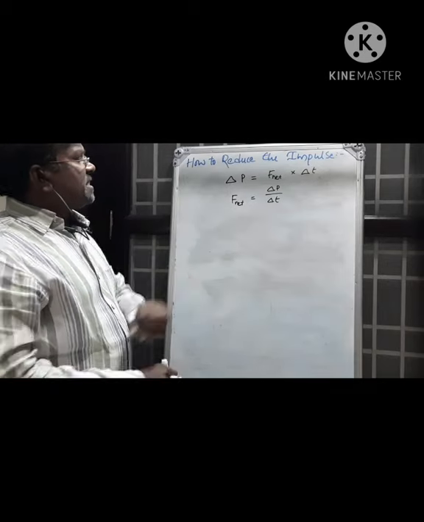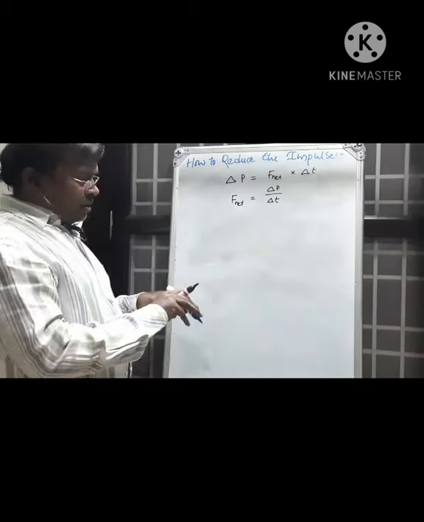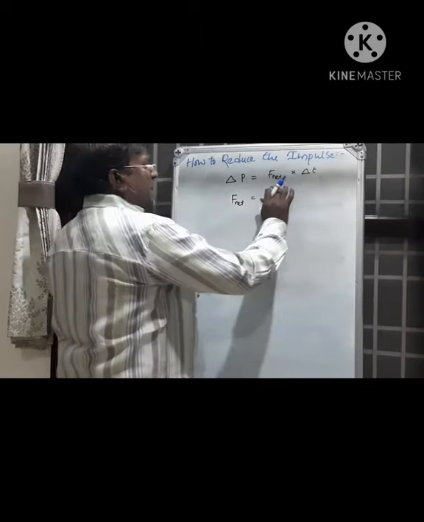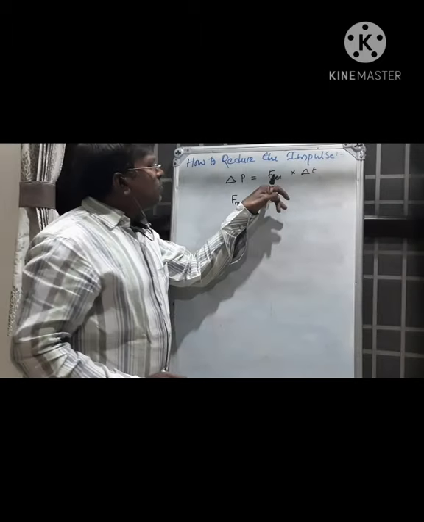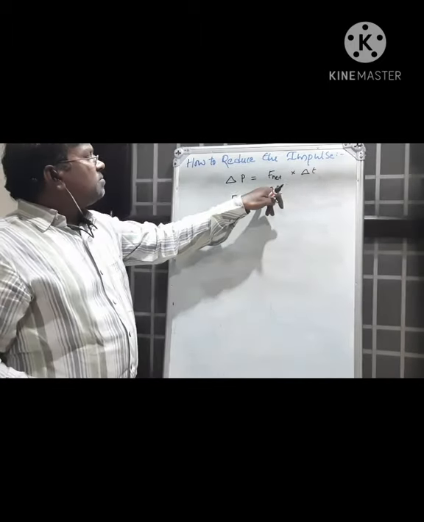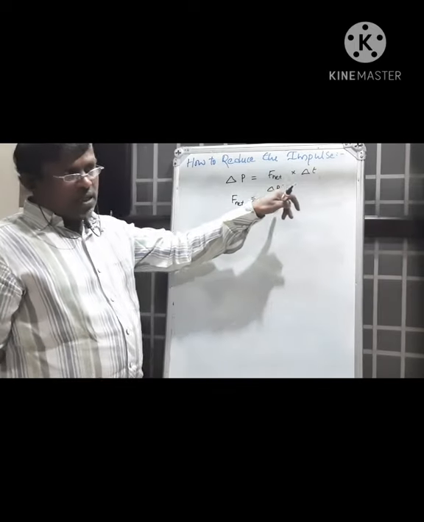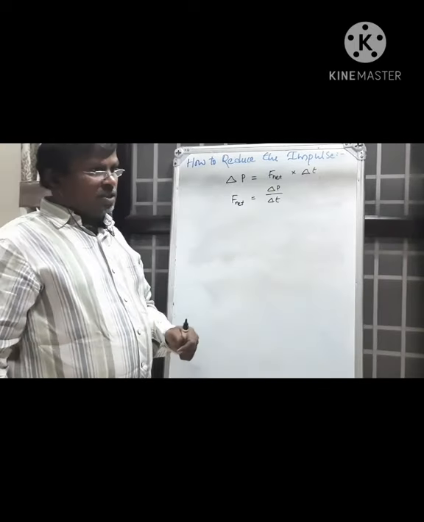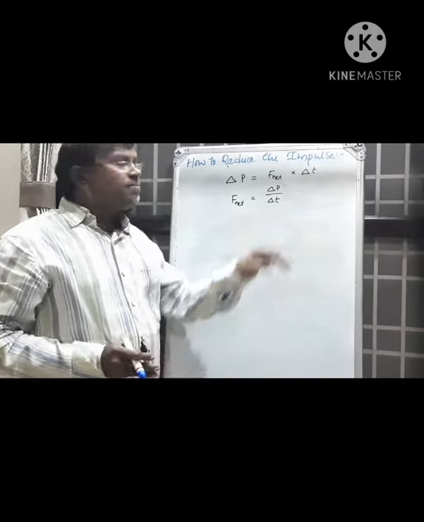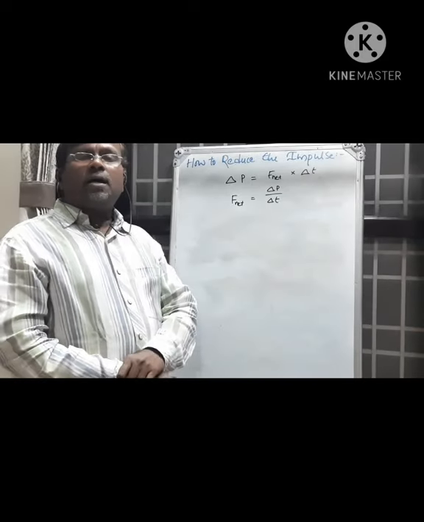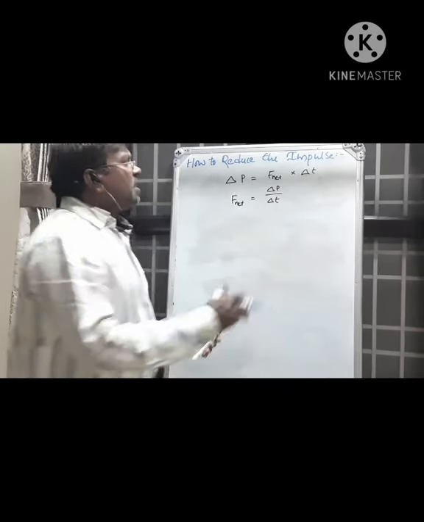We have two options actually. One is we can decrease the delta P, that is the change in the momentum. How can we decrease the change in the momentum?